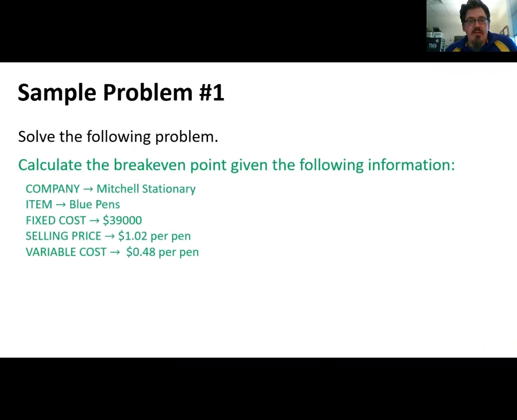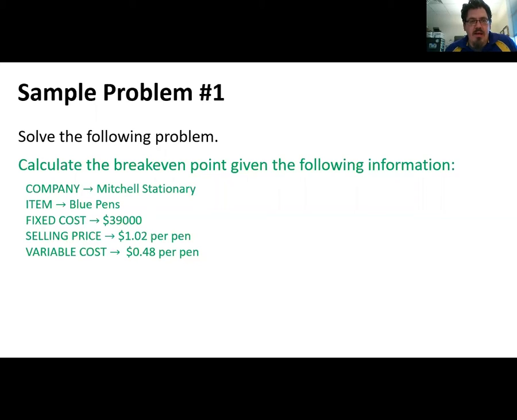Basically what we've got is a situation where you are given some information about a company. In this case, the company is Mitchell Stationery, and the item that we're trying to do the break-even analysis on is blue pens. So they're a manufacturer making pens. The couple of things that we need to know in order to do the math on this is, first of all, the fixed cost. What that basically means is the cost associated with producing the items that doesn't change, so it might be things like some labor costs for individuals that work at the company.